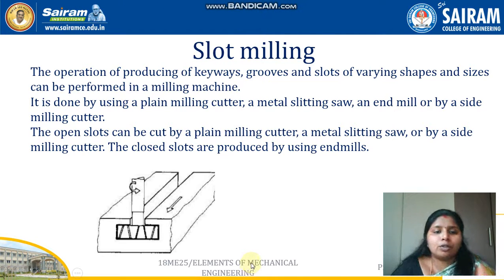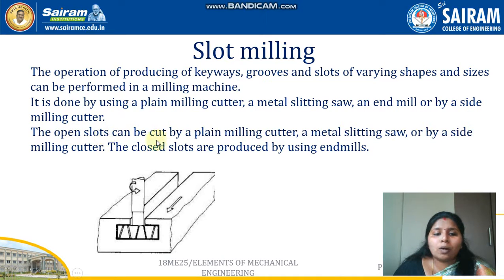This is the operation of producing keyways, grooves and slots. T-shaped slots, keyways or slots of varying shapes and sizes can be produced in a milling machine. It is done by using a plain milling cutter, a metal slitting saw, an end mill, or a side milling cutter.